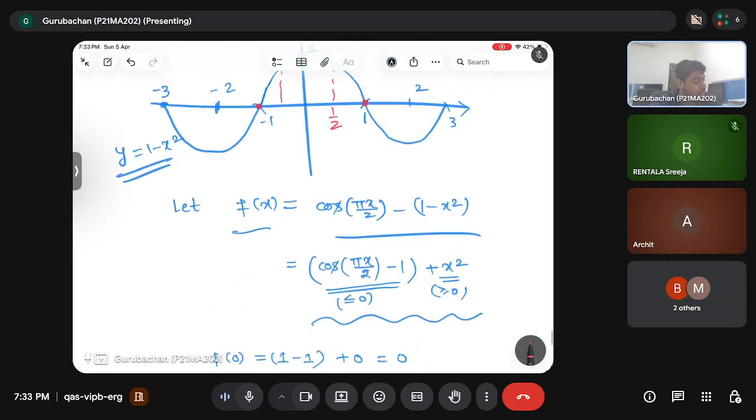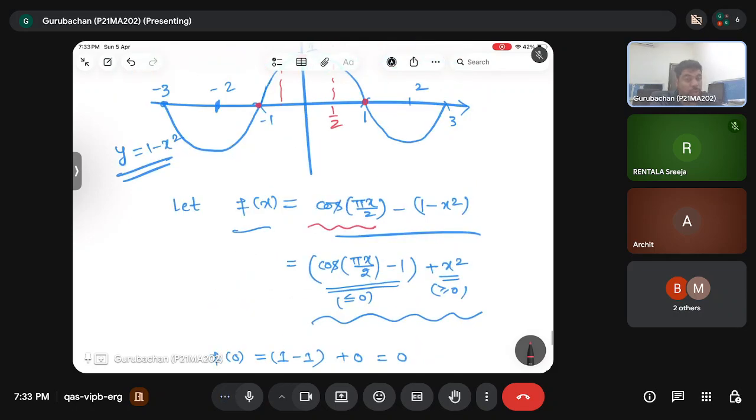So negative means you have given the preference of cos, and you have left the 1 minus x square there. So which one will be the bigger? The whole functional value is negative now. Which one will be the bigger? That means 1 minus x square is bigger.